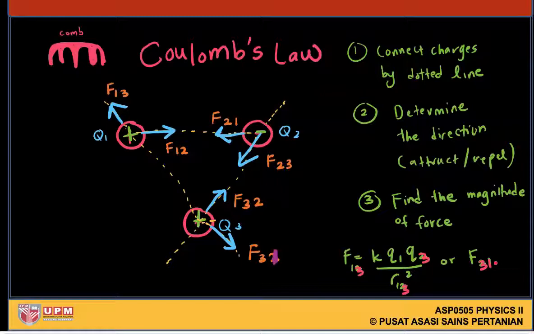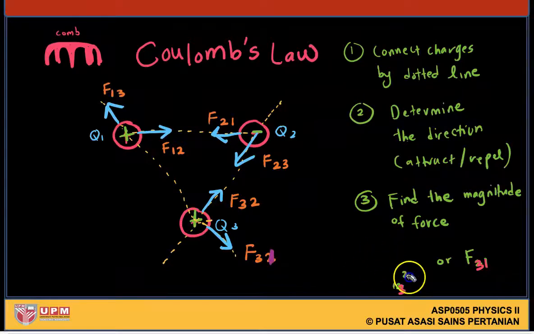Your basic equation is F equals kQ over R squared. The magnitude depends on the charge that you are looking at, so if it's 1 with 3, 1 with 2, or 3 with 2, you have to be aware of that.